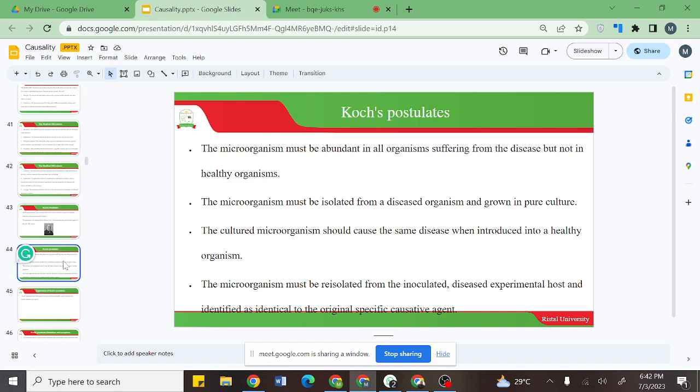If you get the mycobacteria that has been grown in the culture and you introduce that into a healthy organism, the disease, which is in this case tuberculosis, should be able to happen. That means the experimental host becomes diseased and should get a condition similar to what you got from the diseased organism. That's what he says.